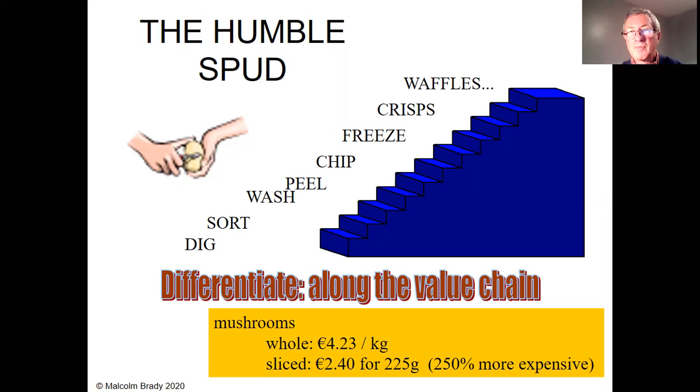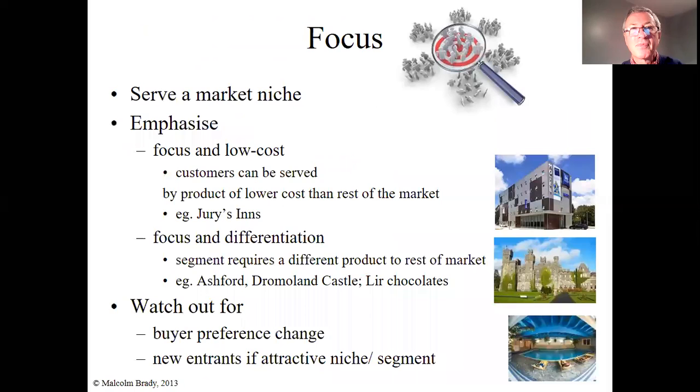If you look at the per kilo cost of crisps compared to the per kilo cost of washed potatoes, there's a huge difference. I've given the example below with mushrooms. Simply slicing the mushrooms allows the retailer to sell them for 2.5 times the price. So simply slicing the mushrooms, nothing more, you increase the price by 2.5 times, 250%. It's a very simple way of differentiating your product and adding value.